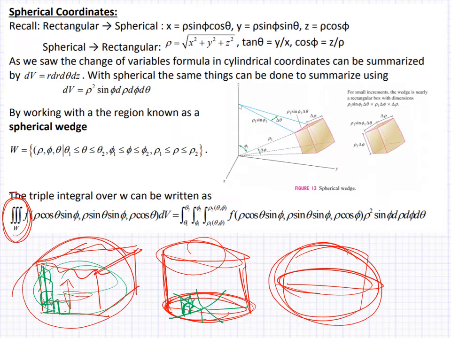The cubes were more like this. They look more like that, and we would stack those up. But the same idea is you're going to fill this space up with these cubes that are stacked up, but they look a little different.